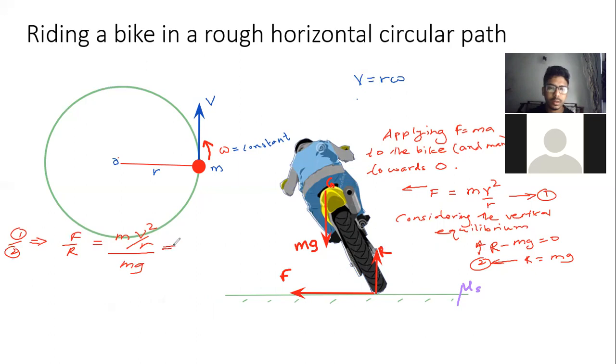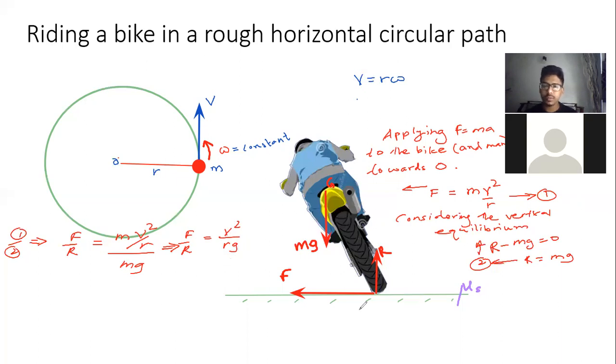Here m cancels off, so we get v squared over rg. So we get one relation: F over R equals v squared over rg.